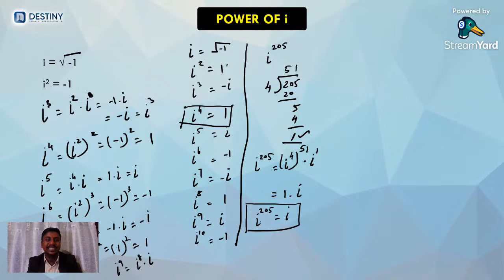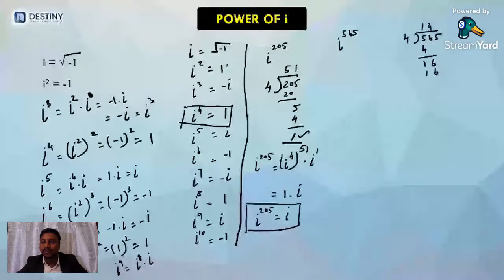If you have understood easily, just tell me in the chat box. Yes, superb. If I give you the next number, i power 565, again the same procedure: 565 divided by 4, quotient 141, balance 1.